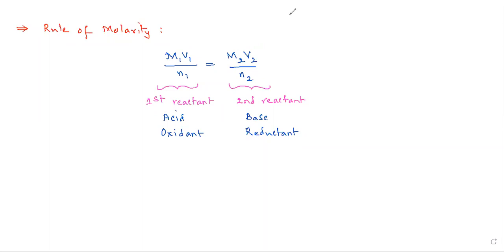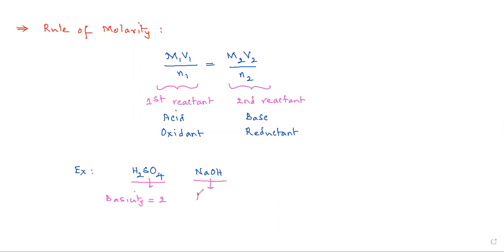You know, finding the number of moles is also very simple. Let me give you one or two examples here. Now, without writing the equation itself, we can find the number of moles. Look at this. See, for this acid, we know that the basicity is 2, right?